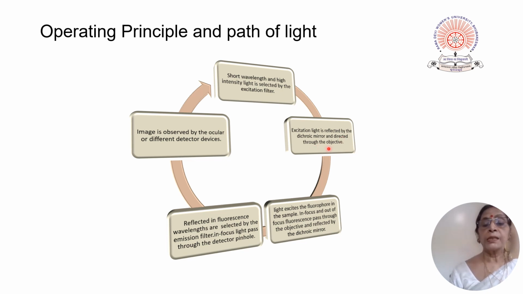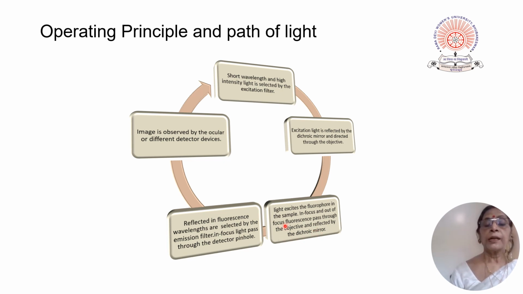The wavelengths passing through the objective fall on the specimen and excite the fluorophores. Fluorescence emitted by the fluorophores, both in focus as well as out of focus light, passes to the objective, then again to the dichromatic mirror.